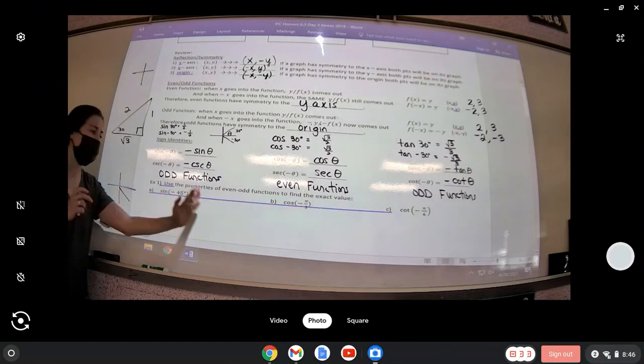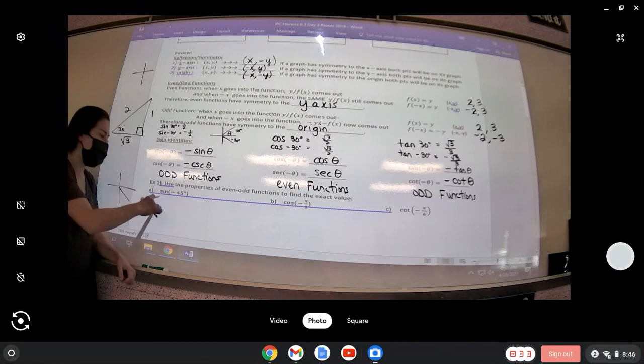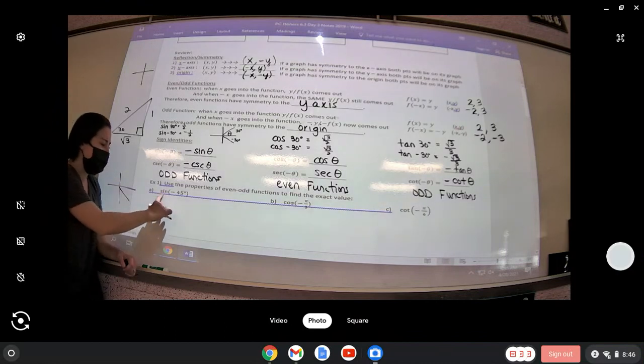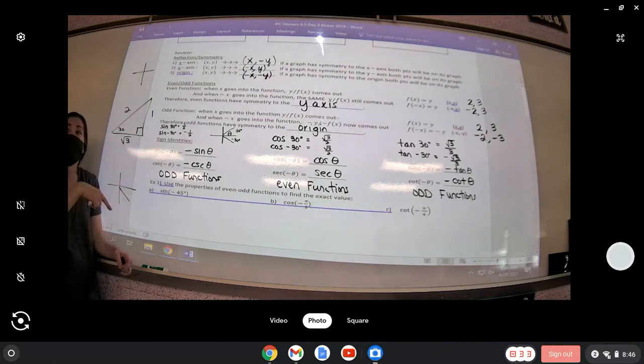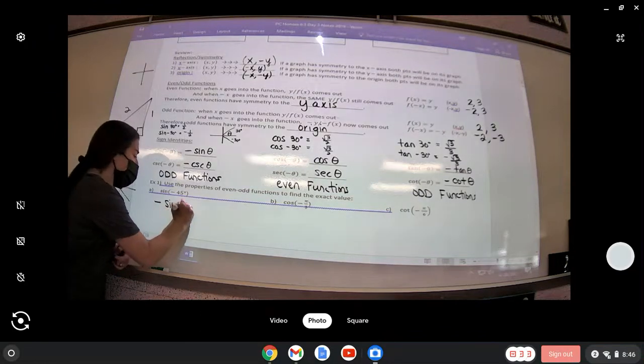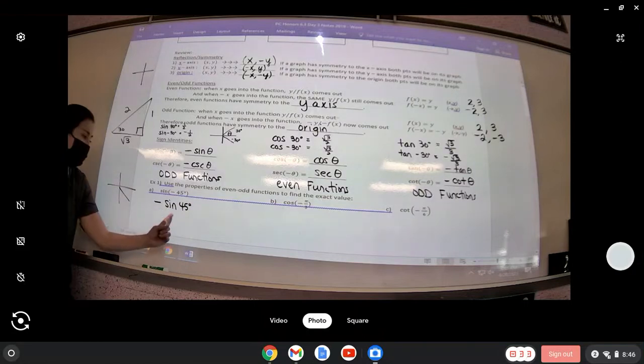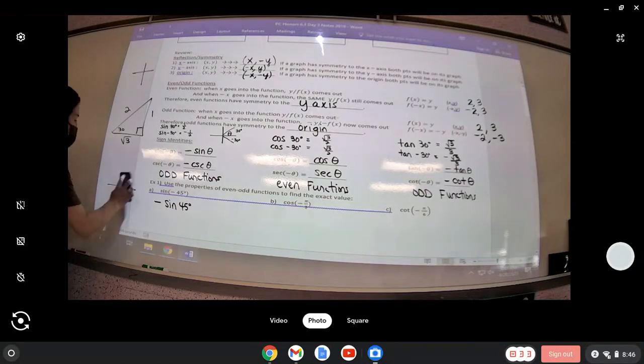According to this, it says use the properties of even or odd functions to find the exact value. So guys, basically what they want you to say is, if I'm taking the sine of negative 45 degrees, the answer is going to be the opposite of whatever the sine of just 45 degrees was. So now, what is the sine of 45 degrees? Let me get my other right triangle up here for you guys in case you like to use it.